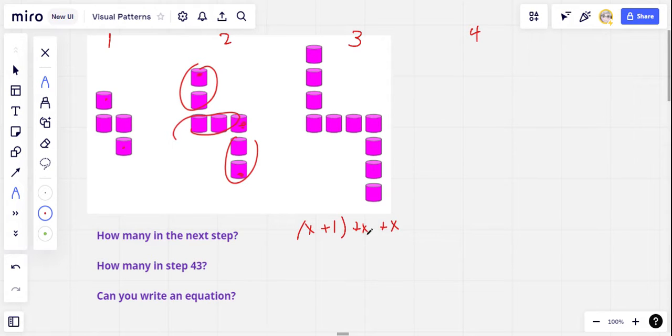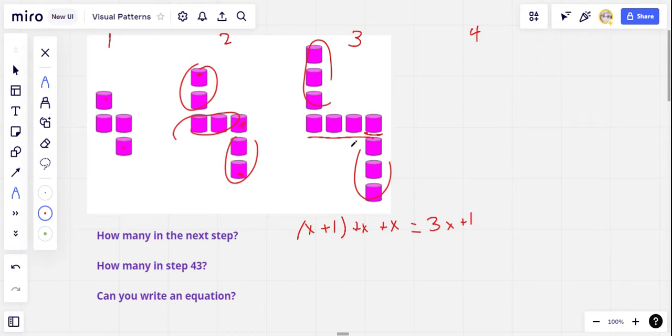So x plus 1 and x. Let's try that for step 3. Here's the step number plus the 1, and here's the step number. Aha! So I think this might actually be a formula, and if I simplify that, I would get, well, 3 x's, if I combine those like terms, x plus x plus x is 3x plus 1. So I think that's going to be our equation. Let's turn back to that in a moment.